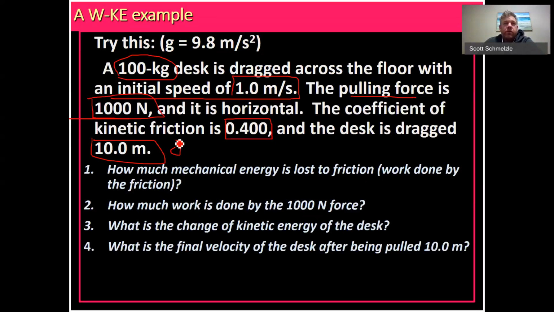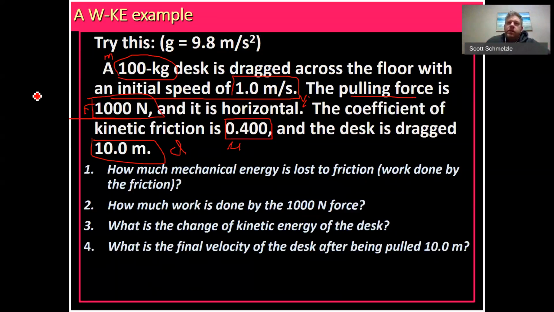So we've got a distance there, a mu there, a v initial there, a force there, and a mass there. Holy cow, folks. We got a ton of stuff going on here. It's a little bit overwhelming, so let's just take this piece by piece, all right?